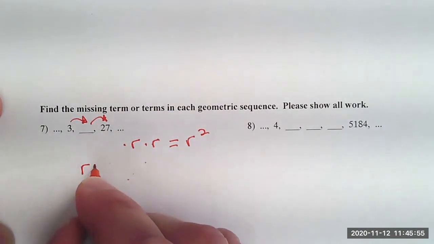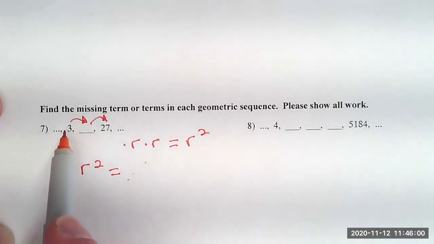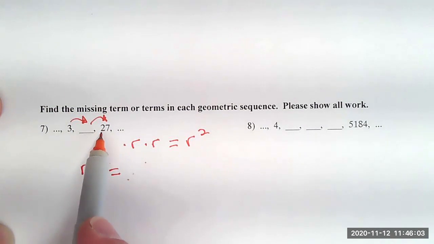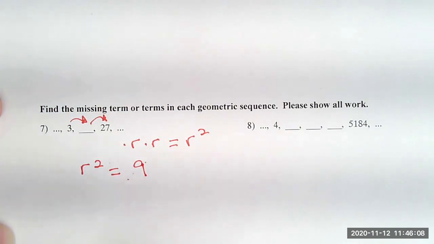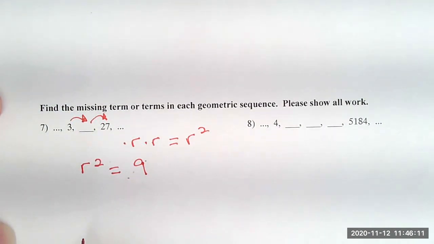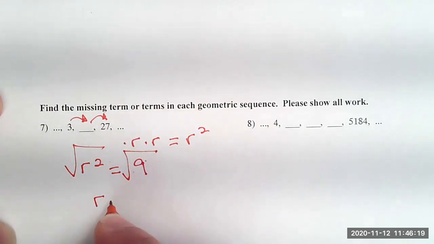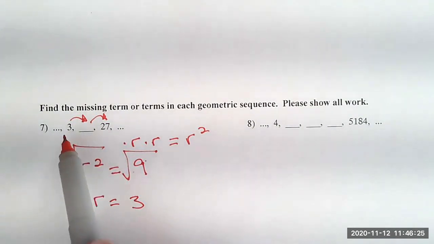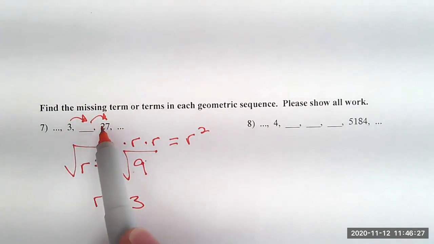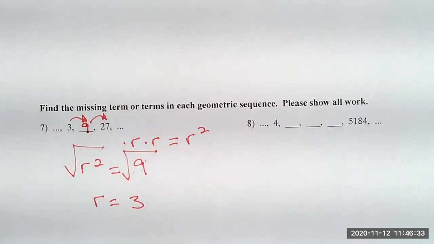Now, how do you undo powers? Well, I know that R times R is going to be the ratio of 27 divided by 3, which is 9. To undo a power of 2, I raise to the 1/2 power, or the second root, and my ratio ends up being 3. So 3 times 3 is 9. 9 times 3 is 27. That works.